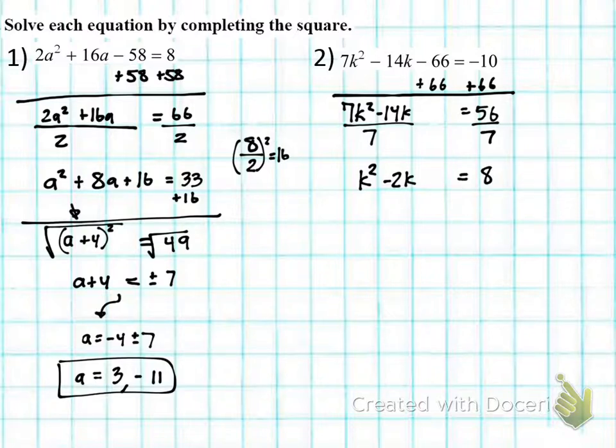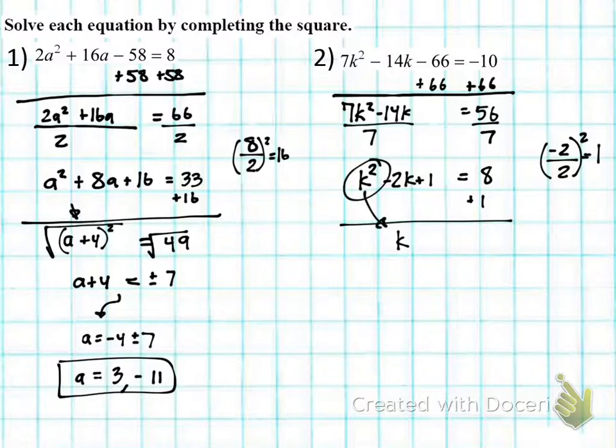Okay? Then I'm going to take b, which is negative 2, put it on the side here. Half of negative 2 is negative 1. Negative 1 squared is equal to positive 1, so I'm going to add 1 here and 1 here. So this becomes a perfect square trinomial. Square root of k squared is k. Half of negative 2 is negative 1. Put a squared sign here. 8 plus 1 is 9.